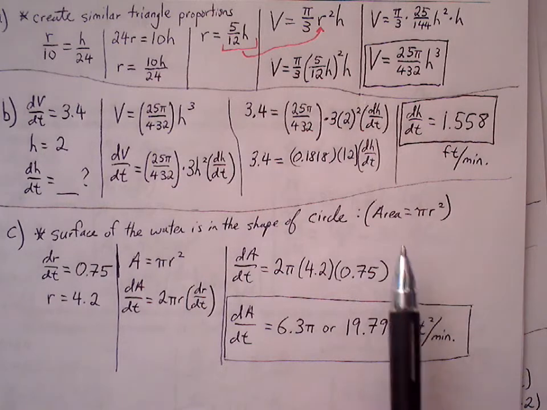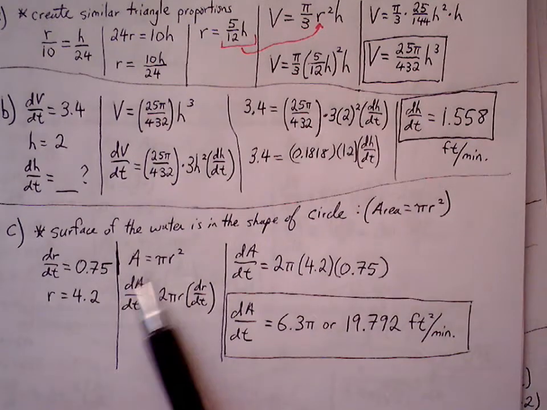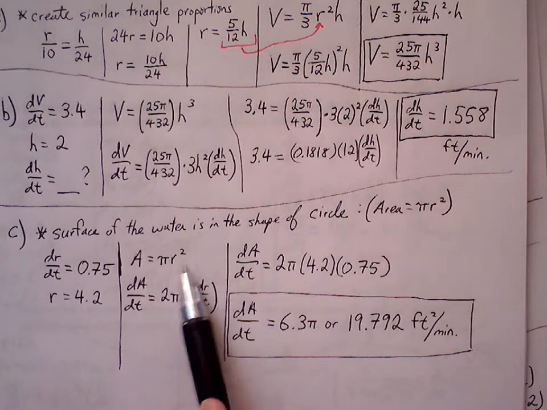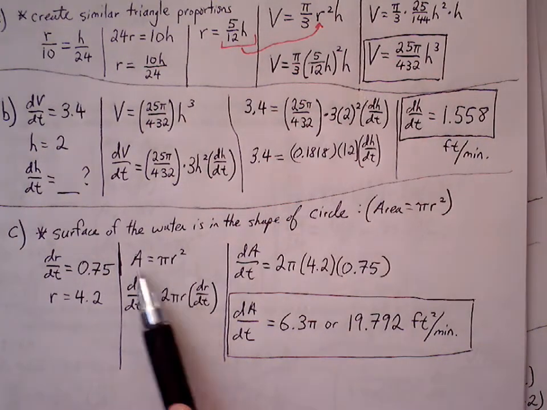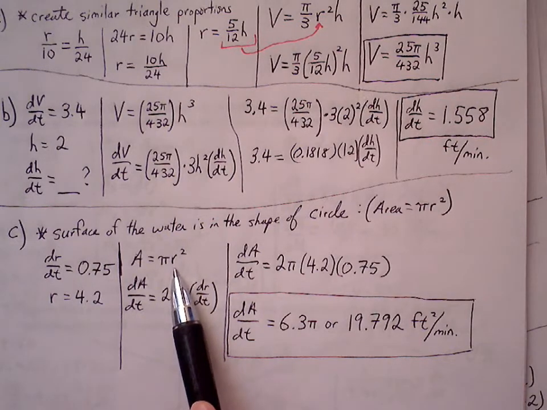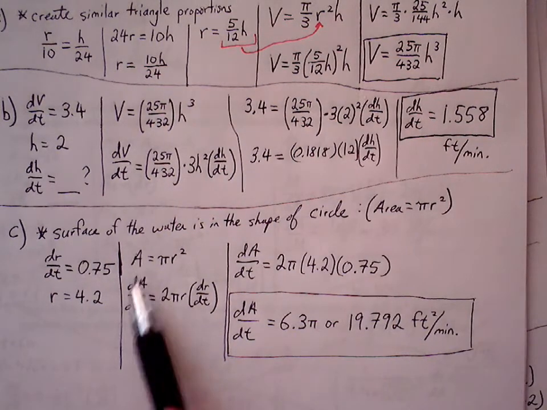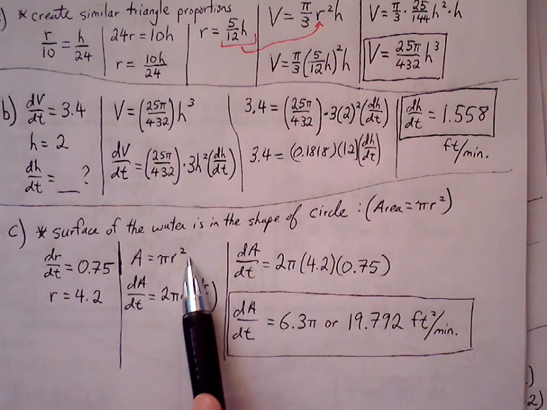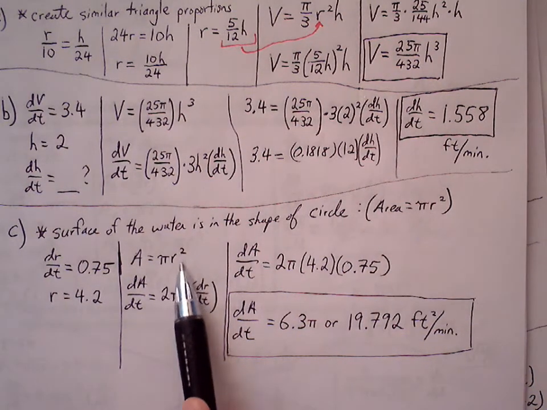Now let's move towards finding the derivative. A equals pi r squared. The two variables here are A and R, so we're expecting a dA dt and dr dt when we go through our derivative step. A becomes dA dt. Pi is just a coefficient that stays. R squared becomes 2r dr dt.